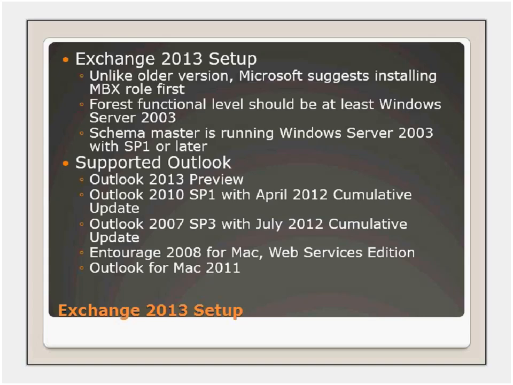So if you have an environment running on 2003, now it's time for you to upgrade, and go with 2007 at least, or else 2013. Sorry, the preview is an old version, it's already released. Macintosh users should have at least Entourage 2008, or else Outlook for Mac 2011. Anything earlier than this is not going to work.